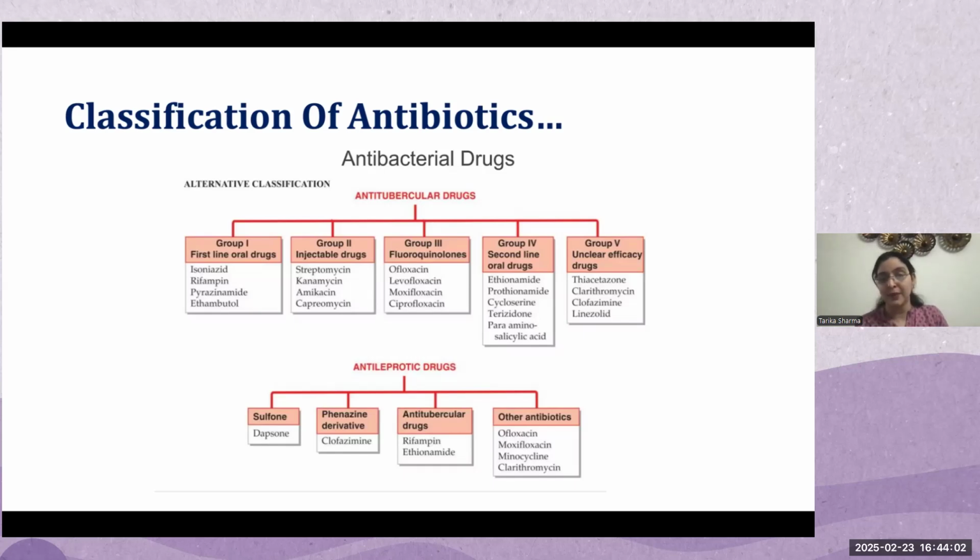Usually, we use antibiotics as prophylactic therapy, as empiric therapy, and as specific therapy. When we talk about prophylactic therapy, before we have even diagnosed the patient's condition, before we have identified the microorganisms which have caused the symptoms in the patient, we start with prophylaxis.